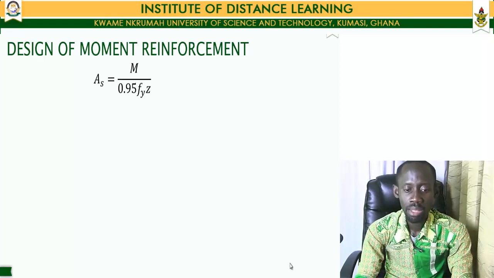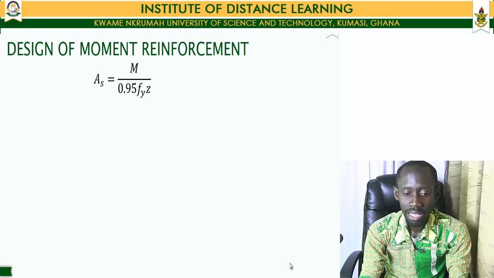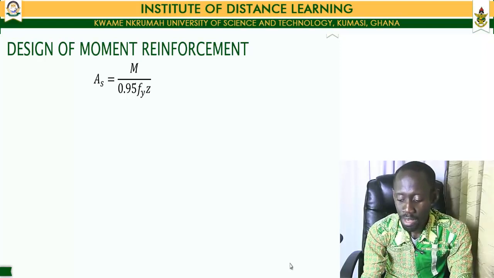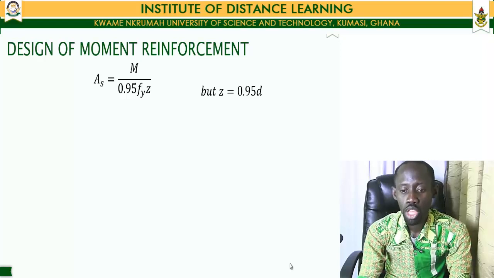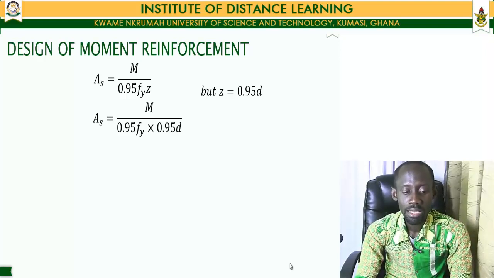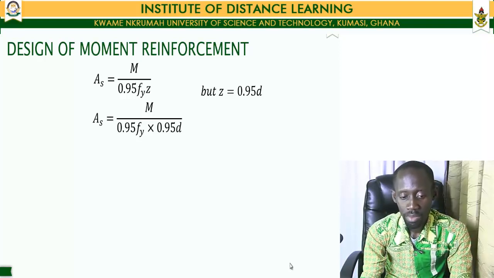From our slab design and from our beam design, we realize that the area of reinforcement for a rectangular sectioned element was given by moment divided by 0.95 fy z, with our z value being less than or equal to 0.95 d. For simplicity's sake, we always equated our z value to 0.95 of our d, in which case our area of steel reinforcement was equal to our moment divided by 0.95 fy multiplied by 0.95 d.